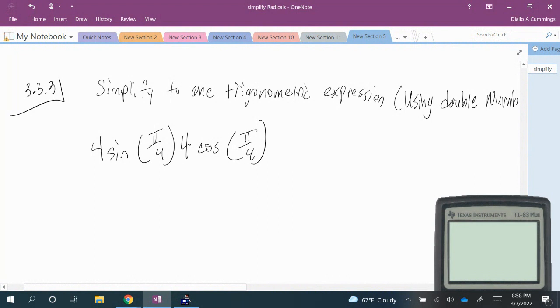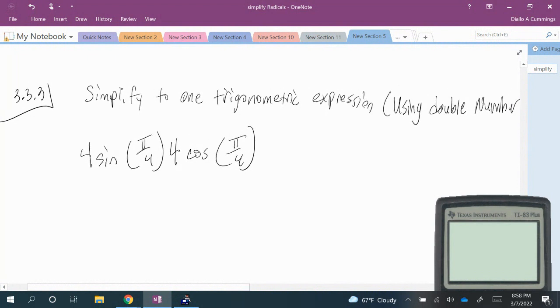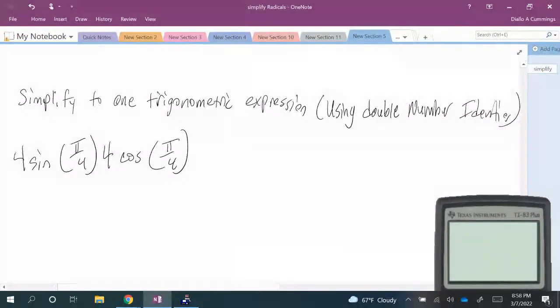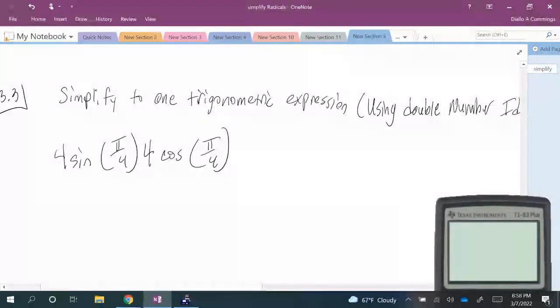I also looked at the review of the solution on this one, and it was not very intuitive. So I'm going to show another way to work out this problem. The first thing I want to do is look at the double number identities to see which formula imitates a sine times a cosine value.